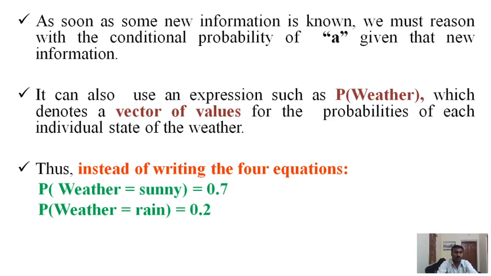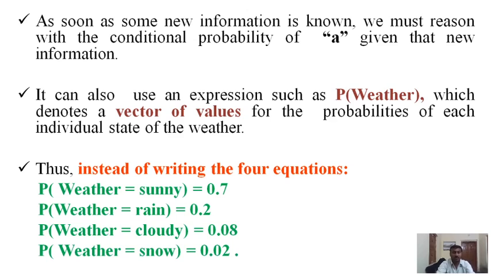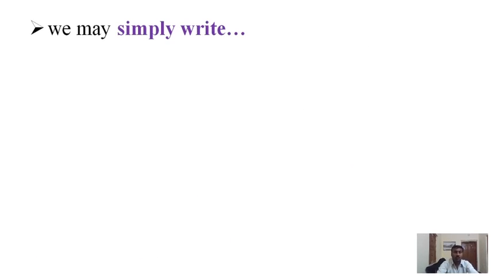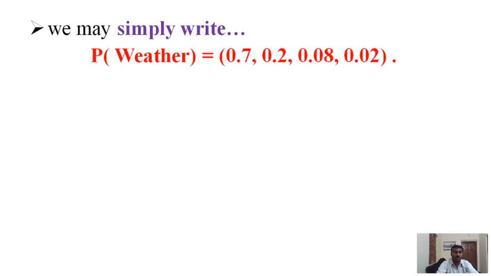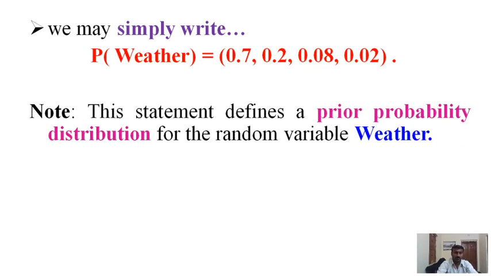Then the probability of weather equal to rainy is 0.2, cloudy 0.08, and snow 0.02. Instead of writing these four equations separately, we can write in this simple manner: probability of weather equal to 0.7, 0.2, 0.08, 0.02. This also represents the same concept.